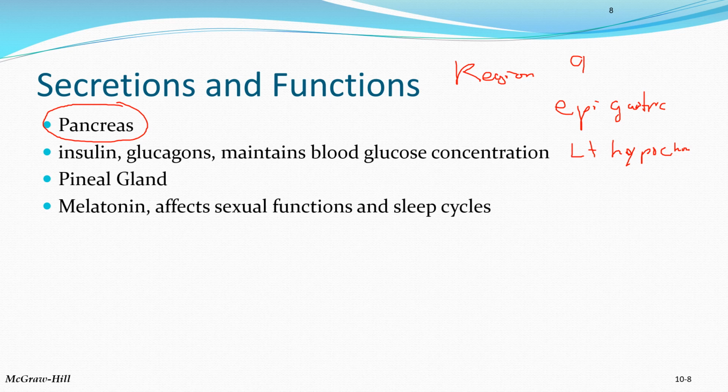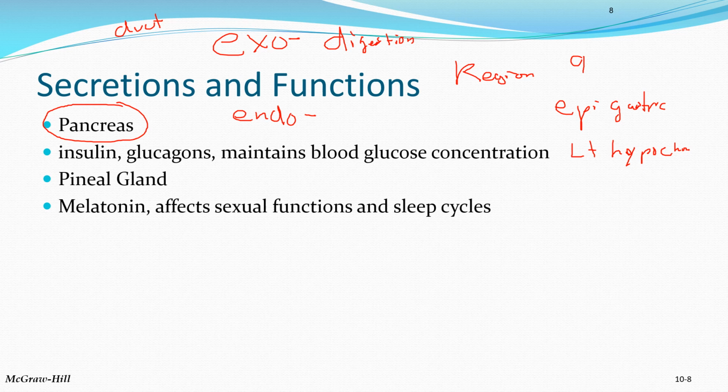It has two functions, exo and endo. So here we're going to talk about the hormones. Its exo function is for digestion. And the difference is, here we have a duct, right? There's a tube or a blood vessel or a sweat pore that directs the contents to the outside.